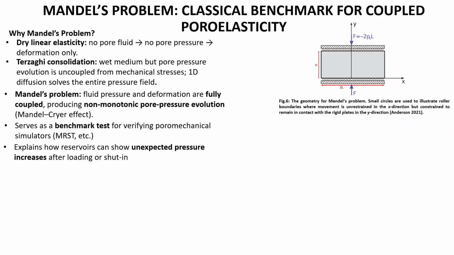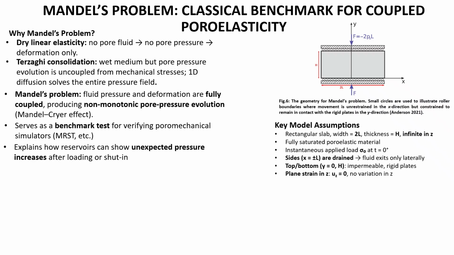So right after the load is applied, fluid can escape through the lateral boundaries, that's in the x direction, and that would be either the plus or minus L direction. The result is a lateral pressure gradient and deformation pattern that evolves with time.